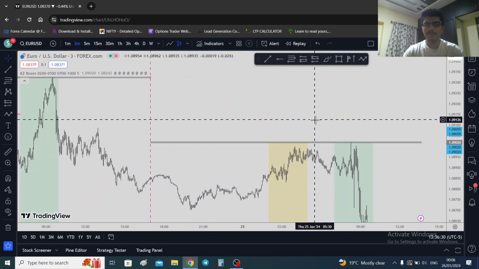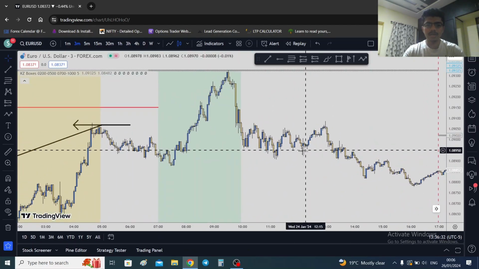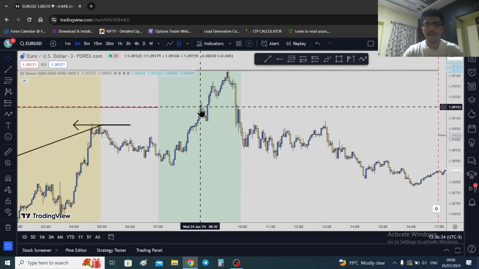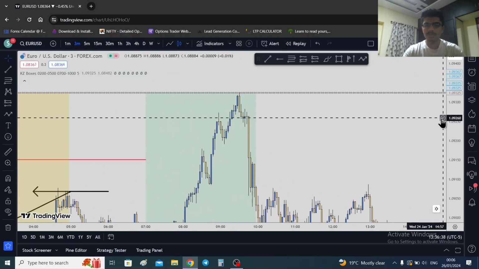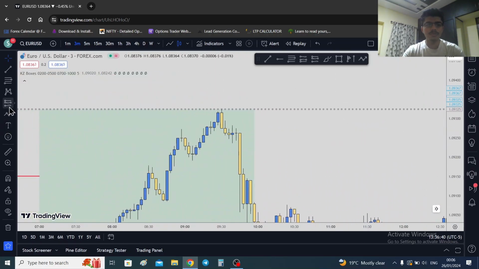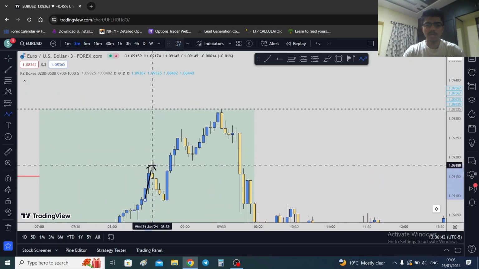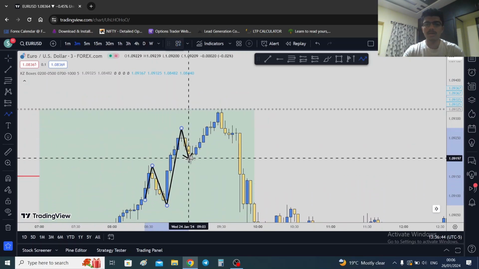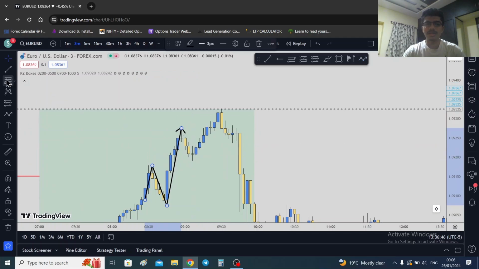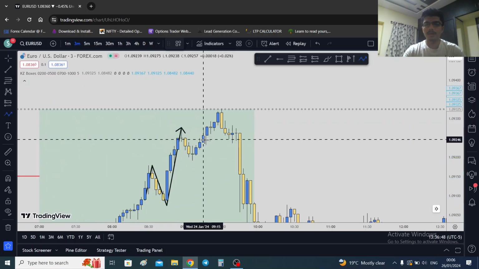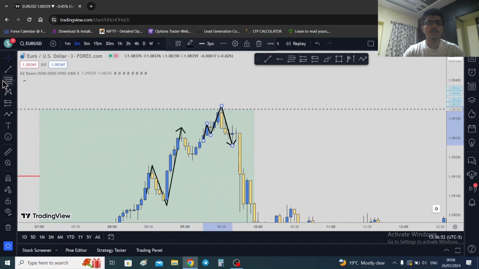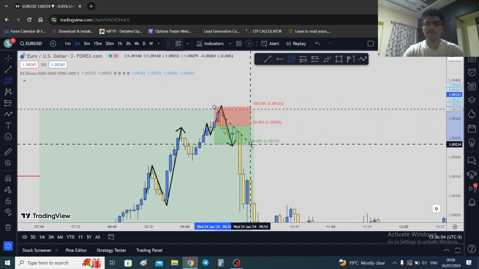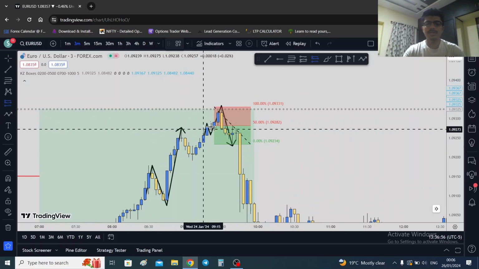Once the liquidity is taken at this point, the price goes higher, comes down, goes higher, comes down, with no breaker formations. But over here, high, low, higher high, lower low, 50% retracement, and you execute a sell trade over here.